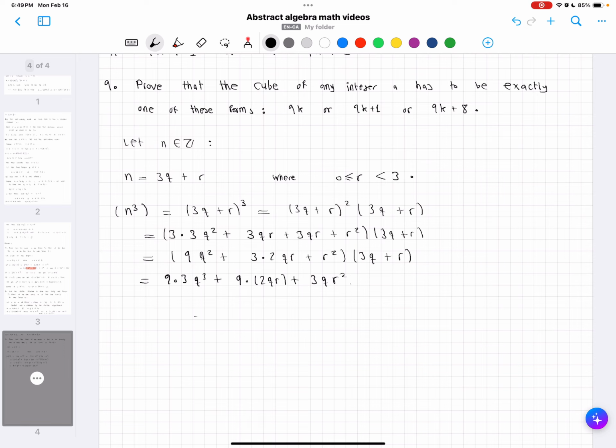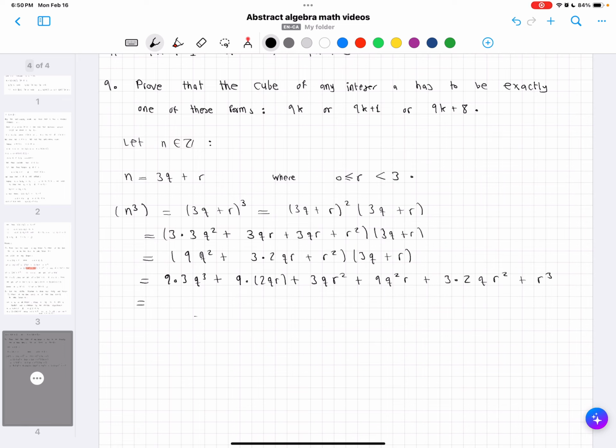And here we have plus r times 9q squared, and then you have 3 multiplied by 2qr squared plus r to the power of 3.